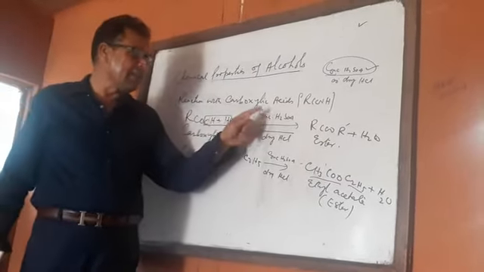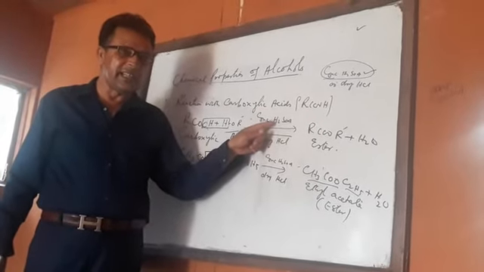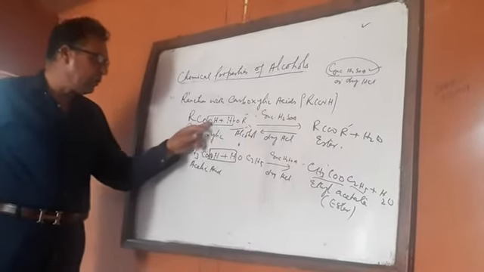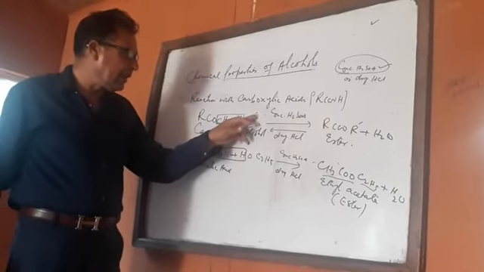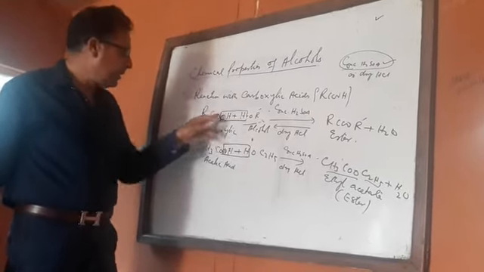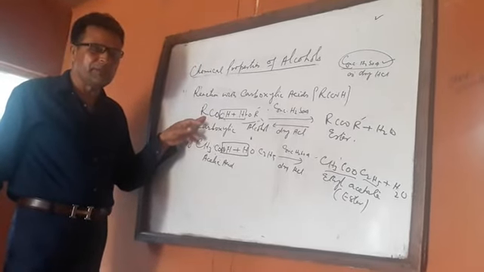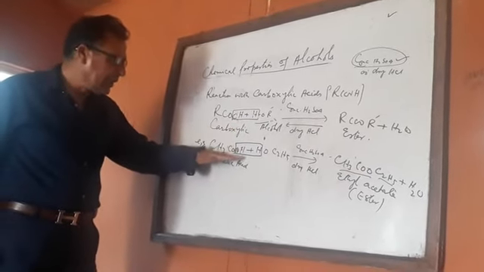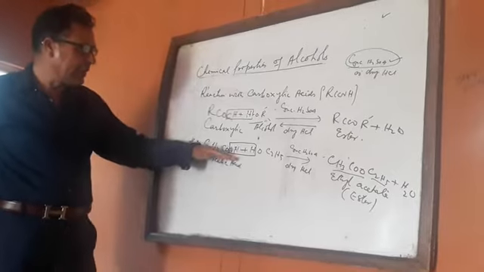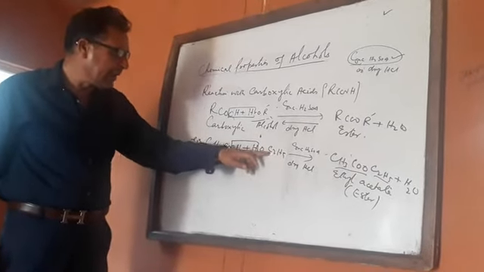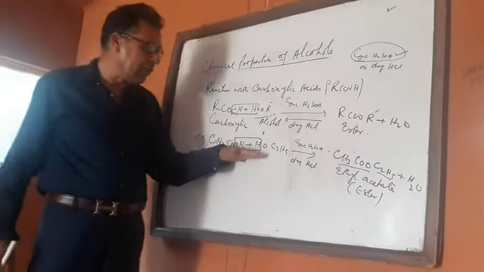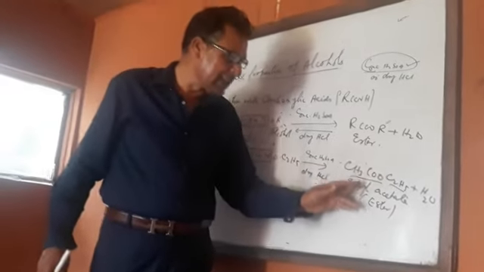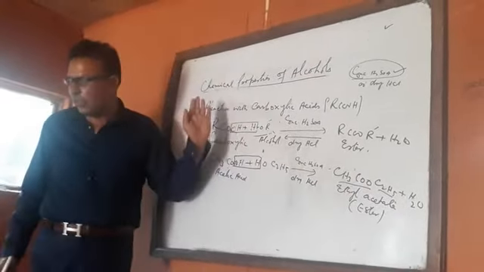The concentrated sulfuric acid acts as a dehydrating agent and as a catalyst. We wrote RCOOH plus HOR'. R is the alkyl group, which may be ethyl or methyl, etc. When we replace with CH3COOH, acetic acid plus C2H5OH, ethyl alcohol, the catalyst is sulfuric acid, and it forms ethyl acetate, which is an ester. This is the esterification of alcohols.